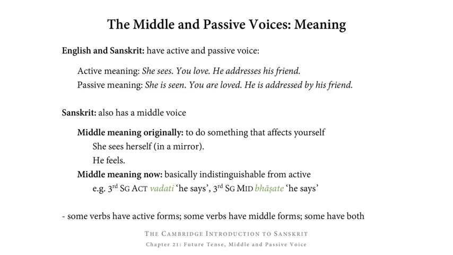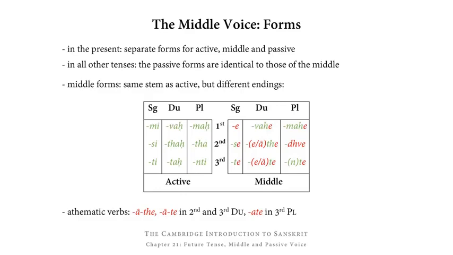Some verbs you will see have active forms. Some verbs have middle forms, and some verbs actually have both. So let's look at the middle forms. In the present tense, we actually have separate forms for all three voices, for active, middle, and passive, but in all the other tenses, the passive forms are identical to those of the middle.